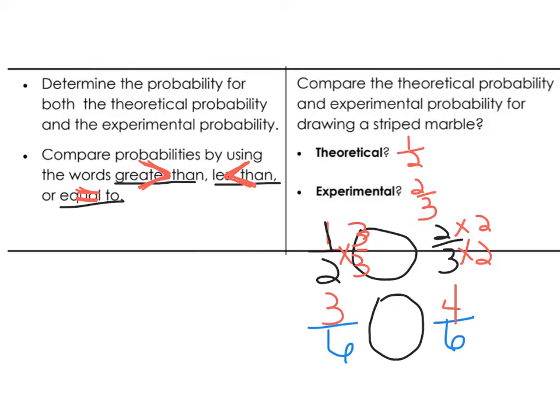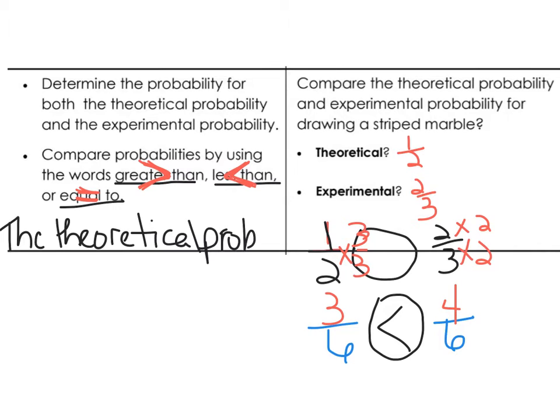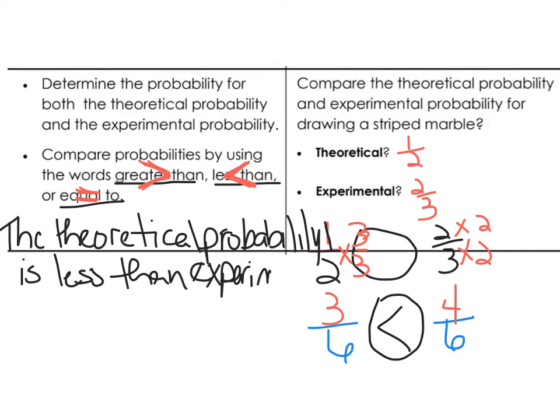So is 3/6 greater than or less than 4/6? So in this case, 3 is less than 4. So that means this is less than. So we're going to go ahead and write it out in words. So the theoretical probability is less than experimental probability.